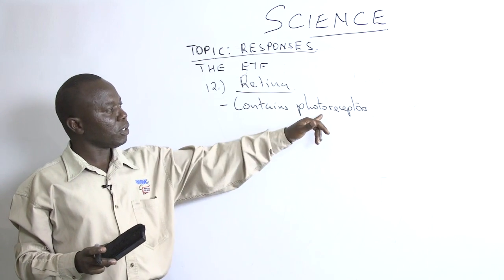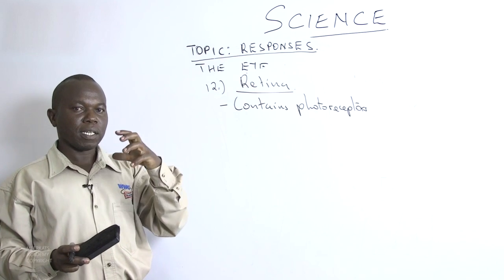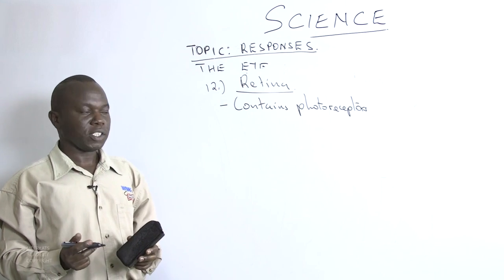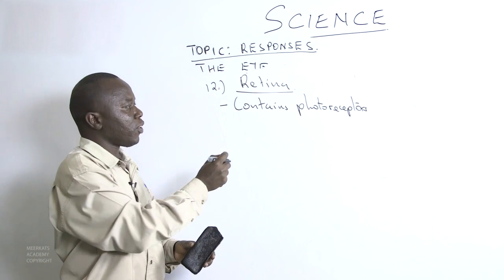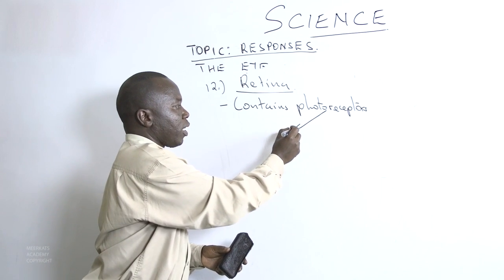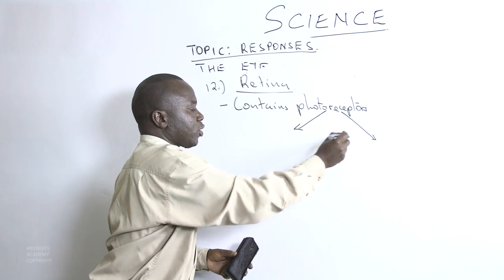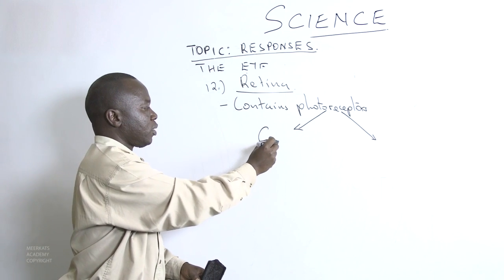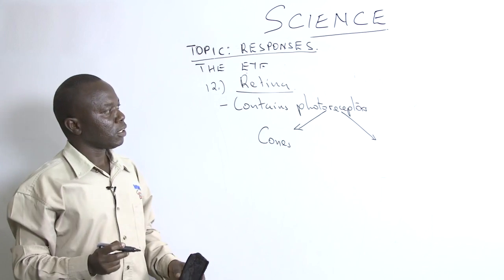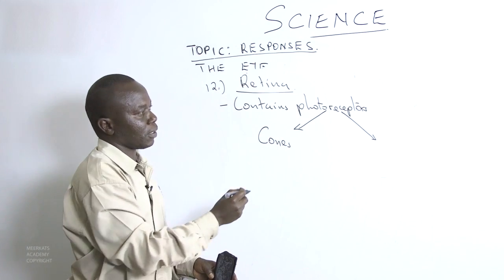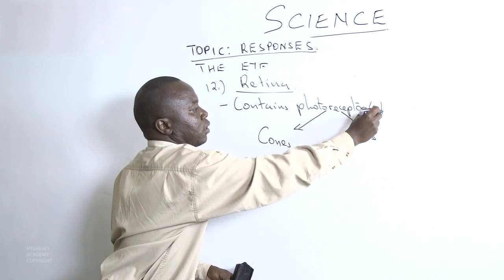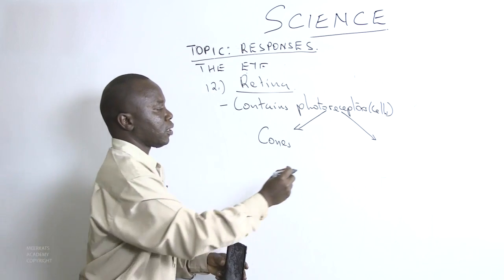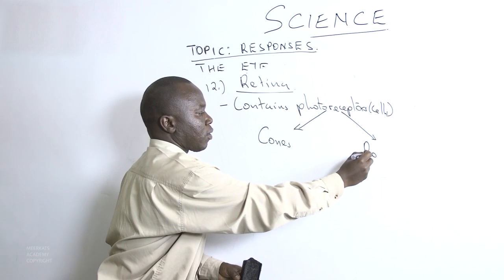When light falls onto it, it will be stimulated, generate a nerve impulse, and send it to the central nervous system for interpretation. We have two types of photoreceptors. We have those called the cones, and the rods. So it contains two types of cells, cones and rods.